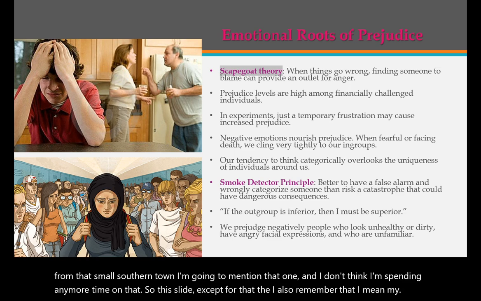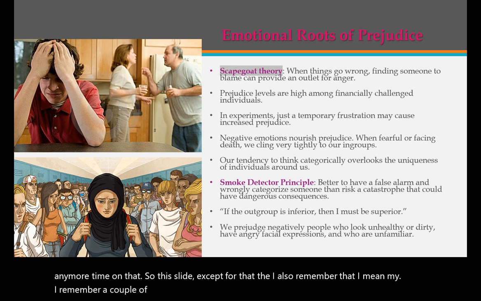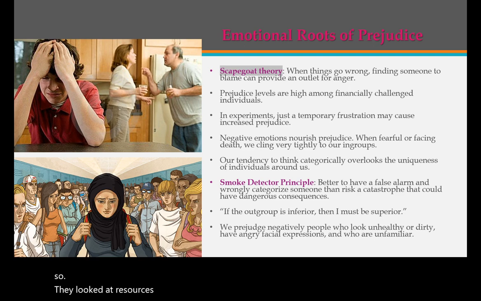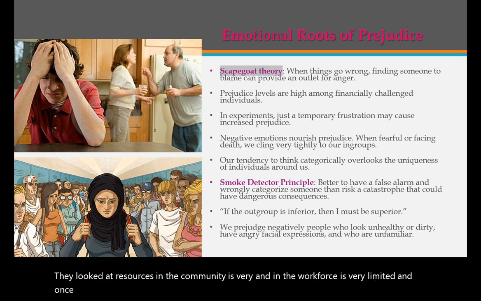I remember a couple of families who had jobs that were not very well-paying jobs, right? And so they looked at resources in the community and in the workforce as very limited. And once the government stepped in and said, we've got to get rid of all this prejudicial segregation, right?